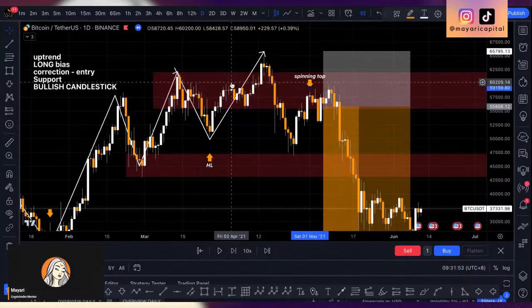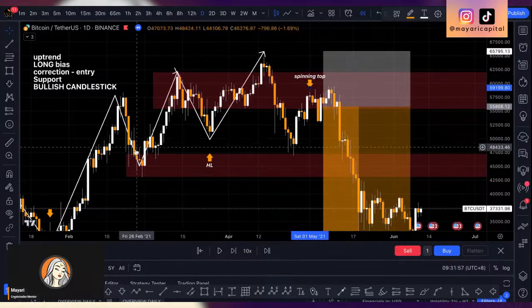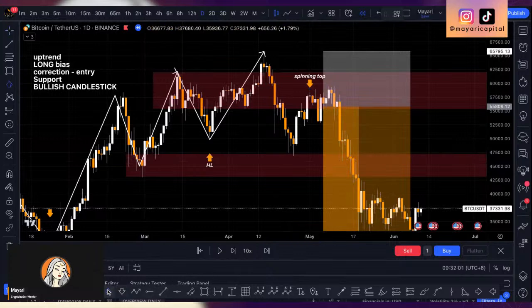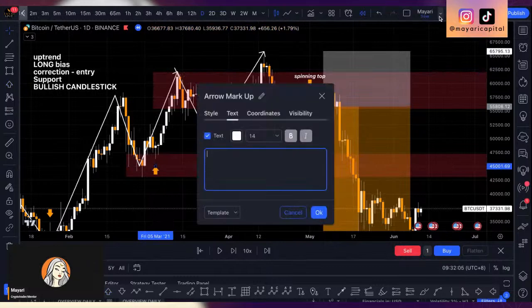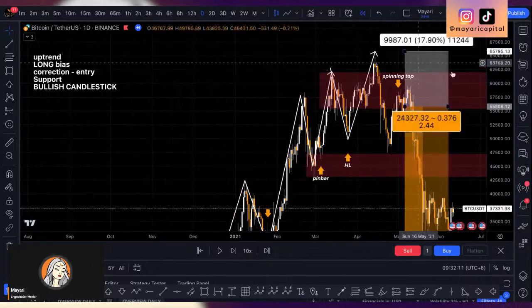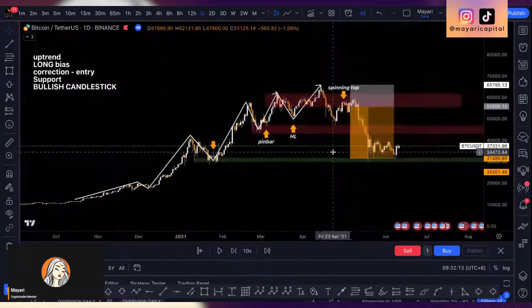Oh, right here is a spinning top. Oh, there's another one. Now I see some bullish pin bar right here. You can plot that in. Pin bar right there. So that's it. I want you guys to be doing the exercise.